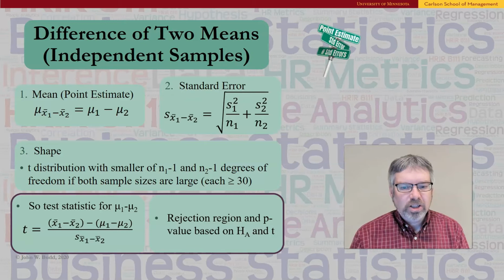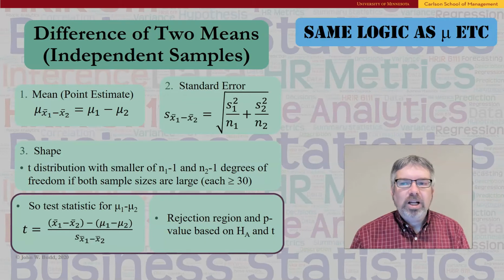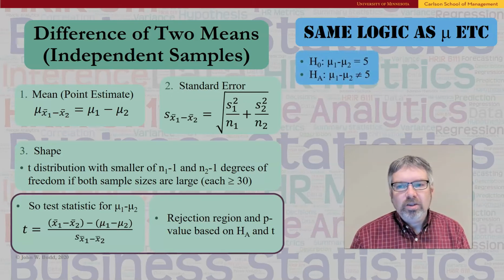The rejection region is going to be based on the format of the alternative hypothesis and using the t-distribution with the appropriate degrees of freedom. Now, this has the same logic as in the case of hypothesis testing for single means, which hopefully you are familiar with, right? But let's do an example.